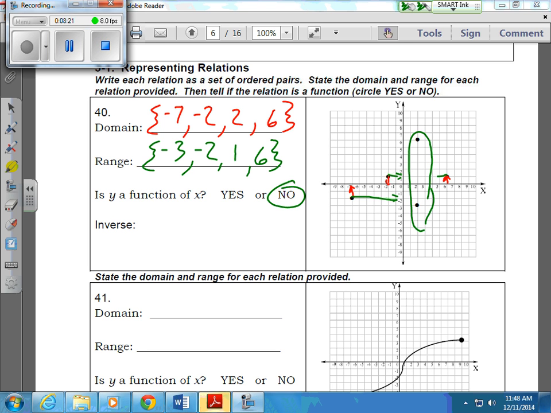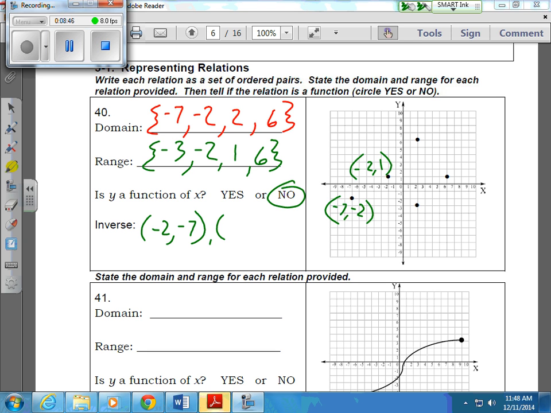The inverse, when you're doing the inverse, you have to write the coordinates of the points in backwards order. So the coordinate of this point was -7, -2. So the inverse of that is -2, -7. This point is -2, 1.